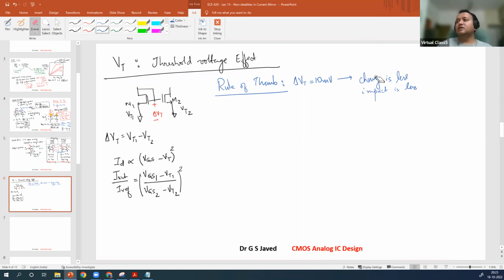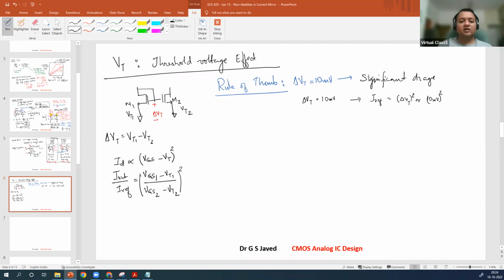Even 10 millivolt can cause a significant change. Now you look at here, delta VT. If your delta VT is equal to 10 millivolt, then the current IREF will get changed by delta VT square, or 10 millivolt square. Right? This can be a big number.